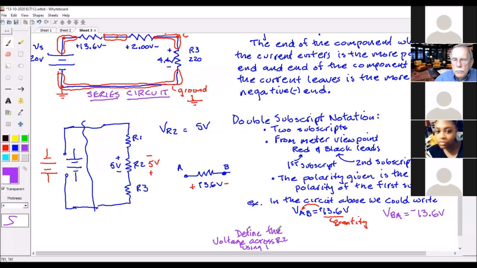I'm running out of room. All right, so what I'd like you to do is write out, if you were trying to tell somebody about the voltage across R2 using double subscript notation, what would you write?